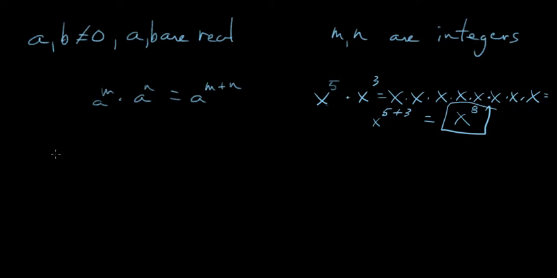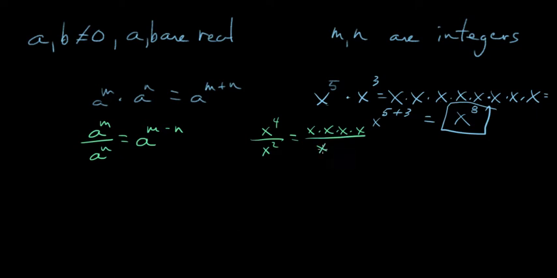Look at the next one. Quotient. A to the m over A to the n equals A to the m minus n. If you are dividing, let's say you have x to the 4th over x squared. Well, x to the 4th is x times x times x times x.